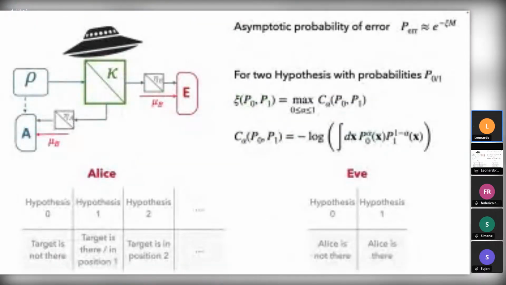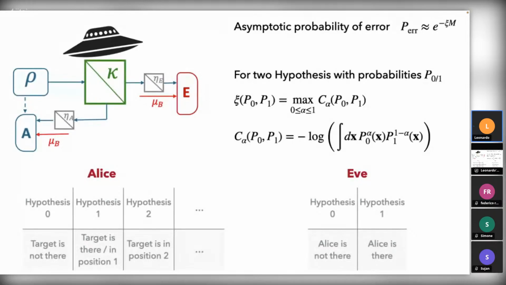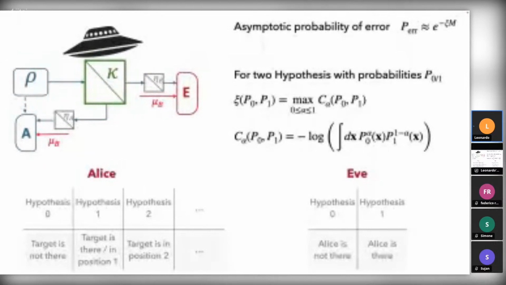So how do we formalize this process? Basically, we introduce two different hypothesis tests. One is the hypothesis test that Alice has to solve. On Alice's side, there are either two hypotheses or many hypotheses, depending on whether you're interested in spotting the presence of the alien or whether you want to spot where it actually is. In this most complicated scenario, you have multiple hypotheses.